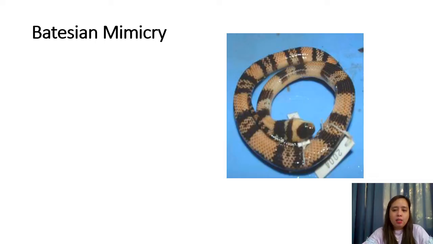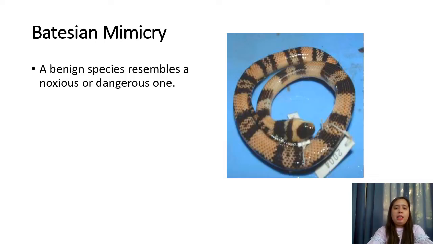Let's look at Batesian mimicry. Here in Batesian mimicry, a benign species will resemble a noxious or dangerous one. When you say benign species, these are species that don't have any venom or advantageous abilities compared to those noxious or dangerous ones.